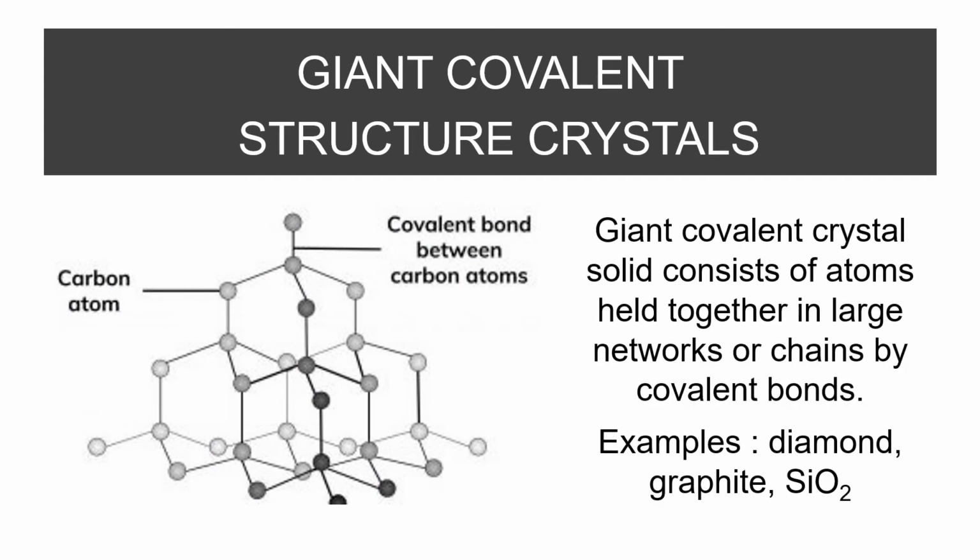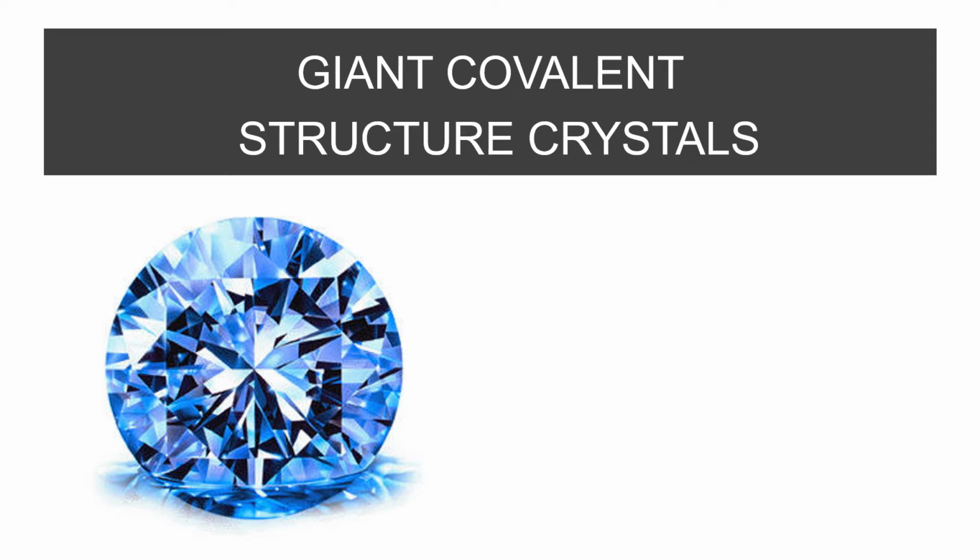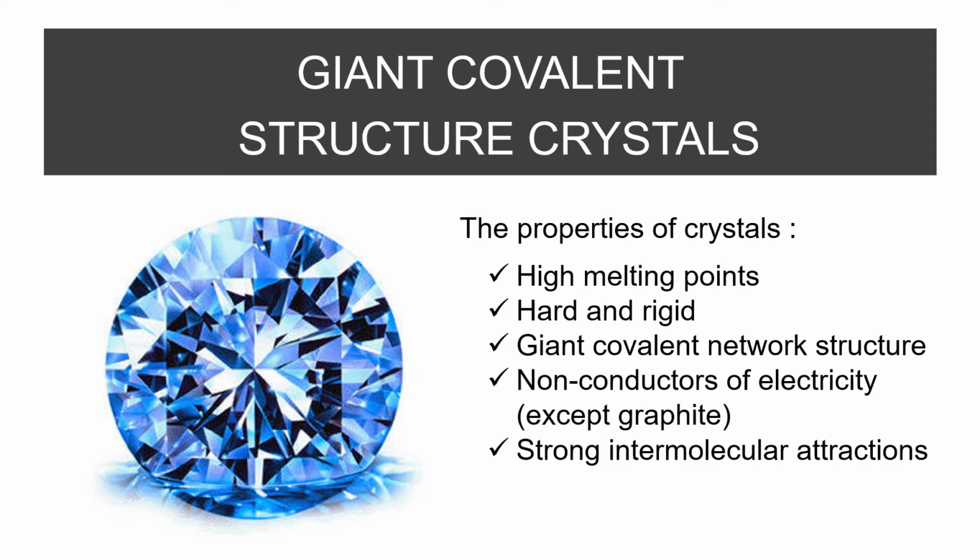A giant covalent crystal solid consists of atoms that are held together in large networks or chains by covalent bonds. For example, diamond, graphite, or silicon dioxide. Giant covalent structure crystals usually have higher melting points. They are hard and rigid in a giant covalent network structure. They are also non-conductors of electricity except for graphite. And they also have strong intermolecular attractions.